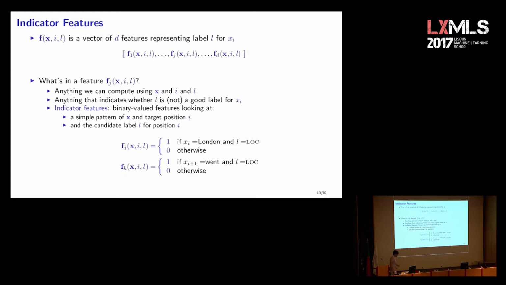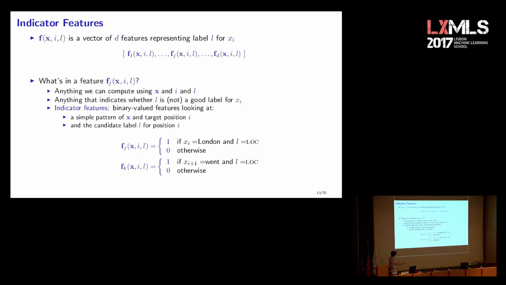What is going to matter is to have features that are good indicators of whether this label is good or not for this input. Here, we are describing position i of this sequence, and we're trying to assign label L. So we need to describe how good this assignment is.